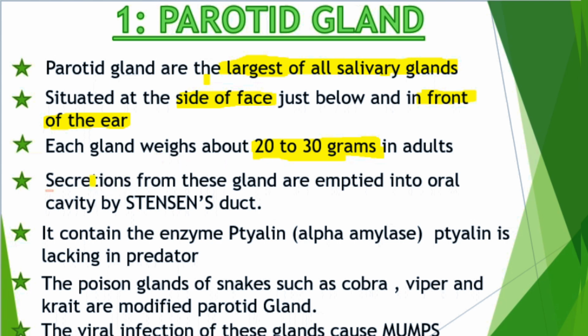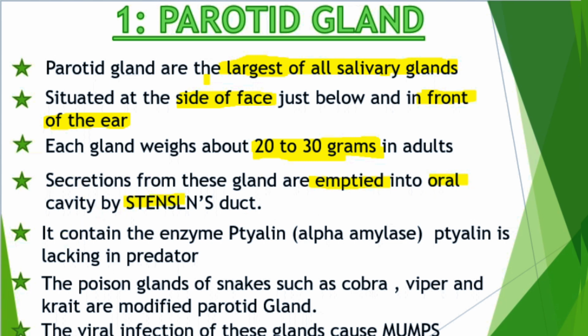As we have already discussed, the salivary glands are basically exocrine glands. It means that these salivary glands have a specialized duct through which their secretion moves to a target area. The secretion from these glands is emptied into the oral or buccal cavity through a specialized duct.